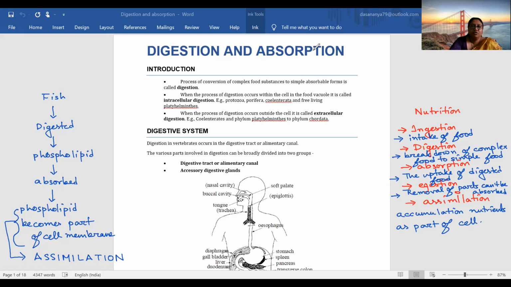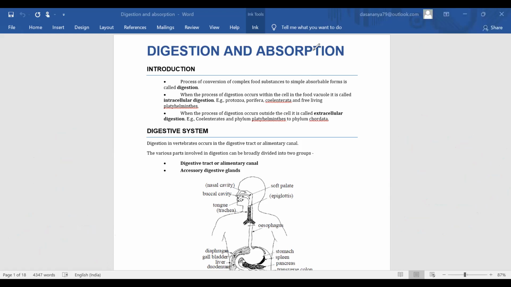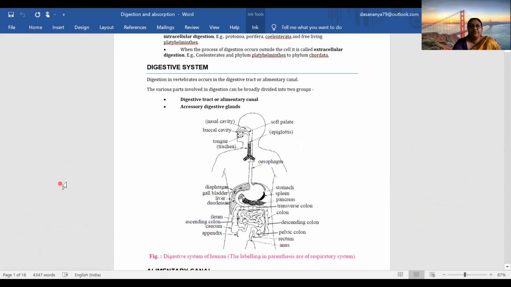Okay. So we will look into the different components of the digestive system. As you can see in this diagram, most of you are aware of these parts, but I wish to say that this is our alimentary canal.